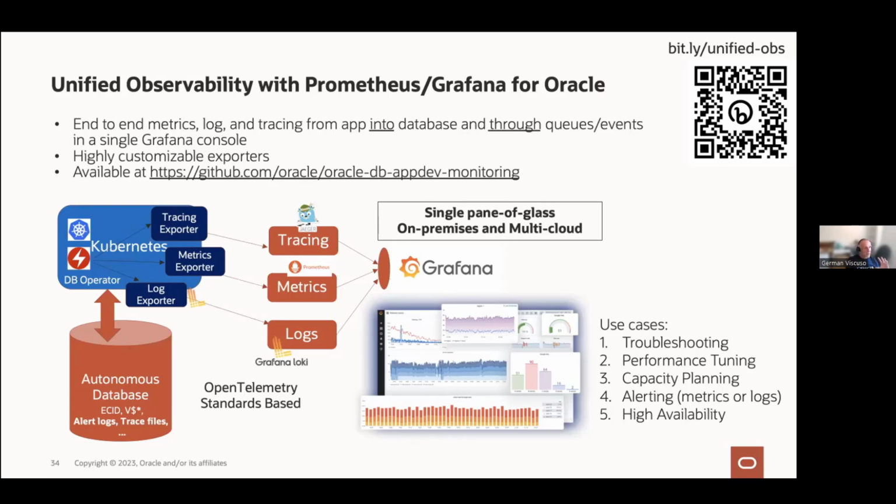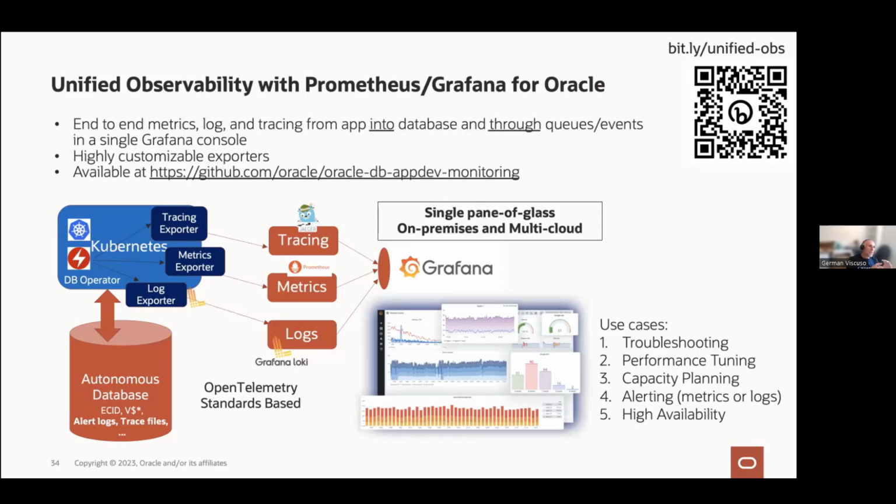The metrics are sent to Prometheus, which is used as a data source by Grafana. The tracing information is sent to Jaeger, which is also used as a data source by Grafana, and the logs are sent to Grafana Loki, which is similar to Prometheus but for logs.